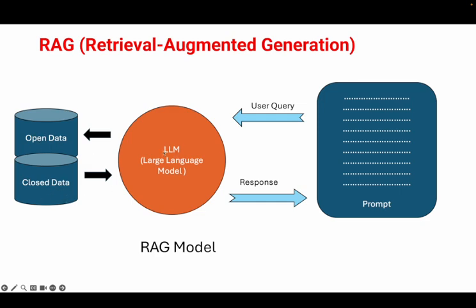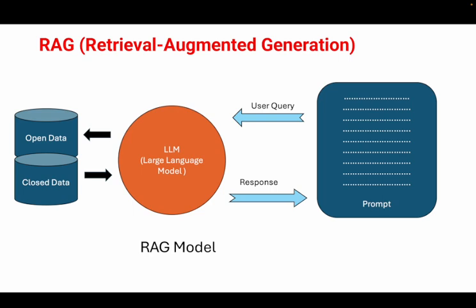Before the LLM sends the response back to the user, it will first go and check the query which the user has typed against the open database. It can be some kind of documents, or the internet, or some kind of closed data.